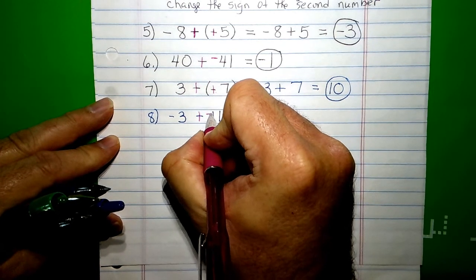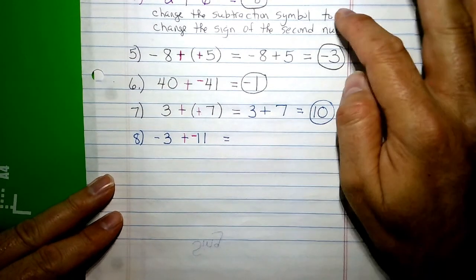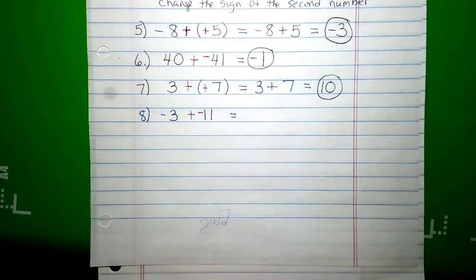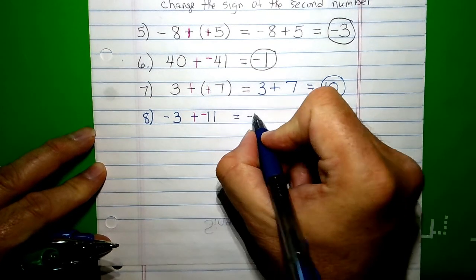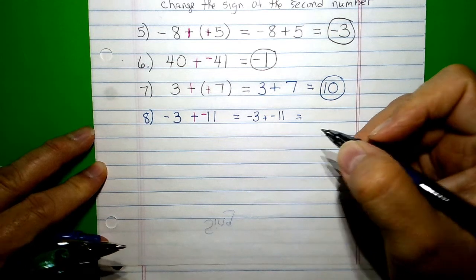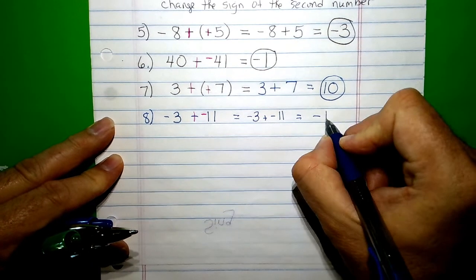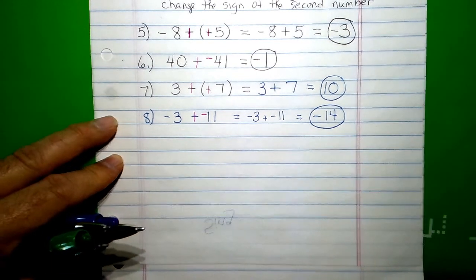Change the sign of the next number. That's what I was doing here, to subtract. Negative 3 plus a negative 11. What's the rule for adding two negatives? It's negative 3 plus a negative 11, and that would be a negative 14. Negative plus negative is negative.